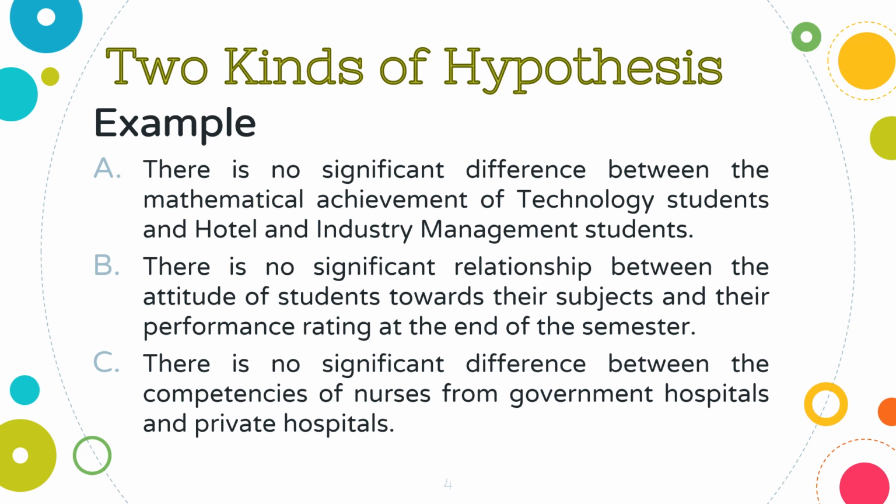For example, there is no significant difference between the mathematical achievement of technology students and hotel and industry management students. The second one is there is no significant relationship between the attitude of students towards their subjects and their performance rating at the end of the semester.